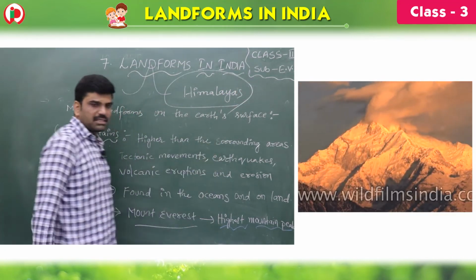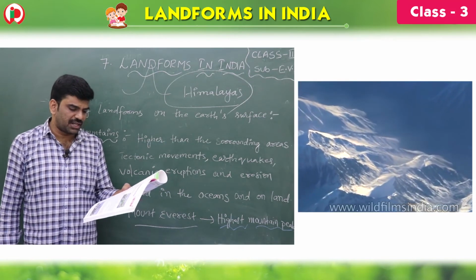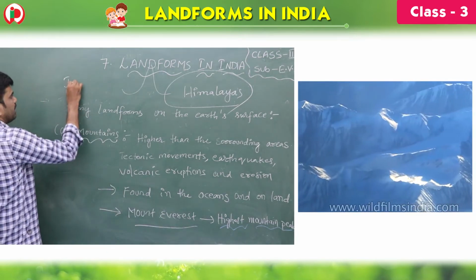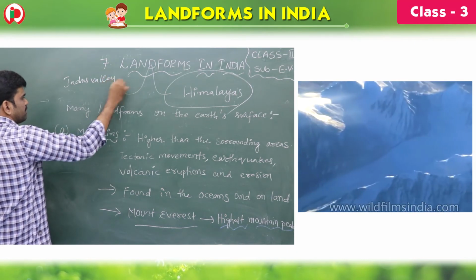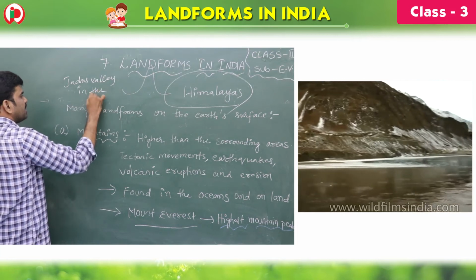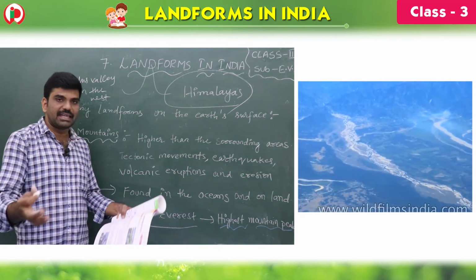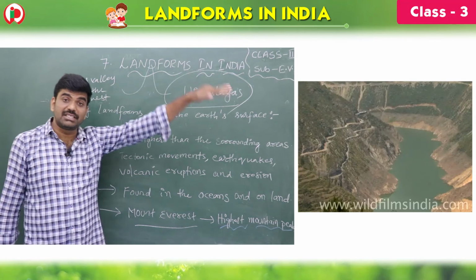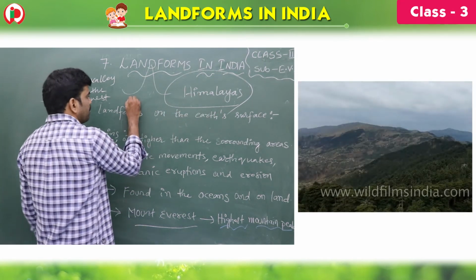This Himalayas is the world's most famous mountain range, which runs from the Indus Valley in the west side, and to Brahmaputra in the east. It starts from the west and covers to the east also.